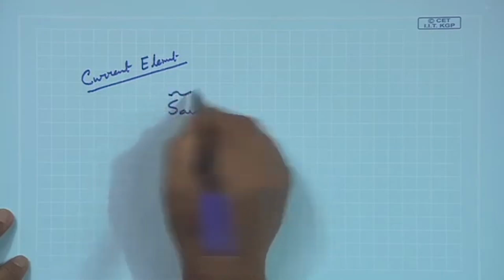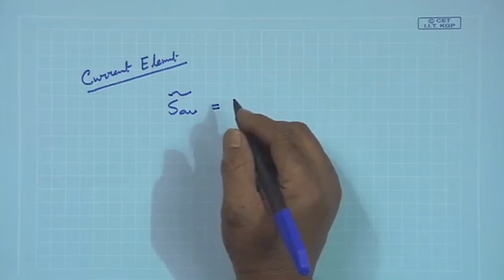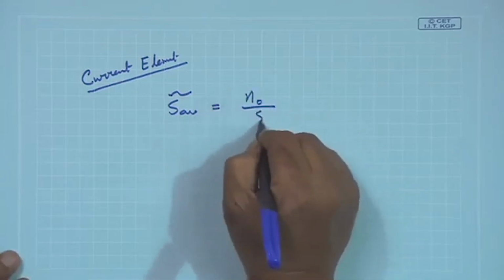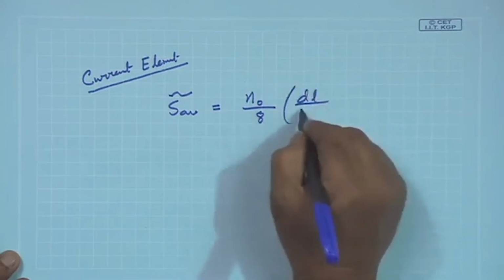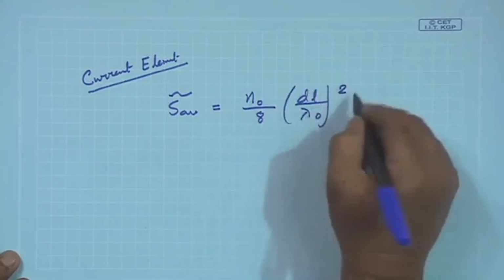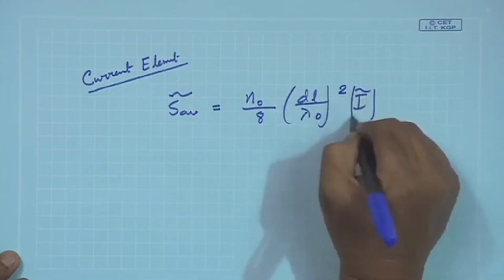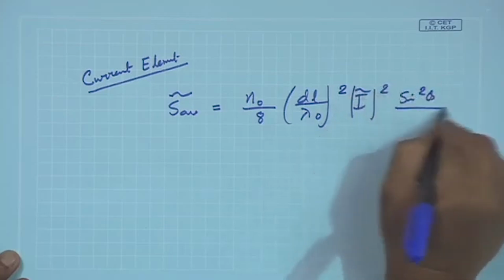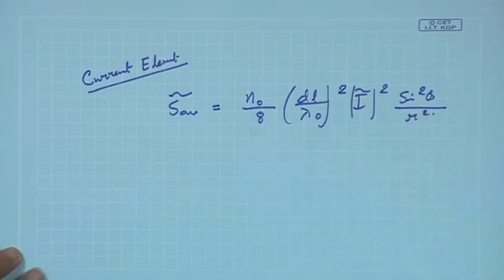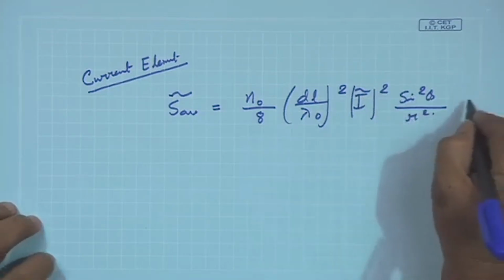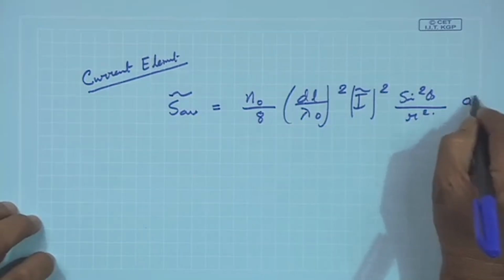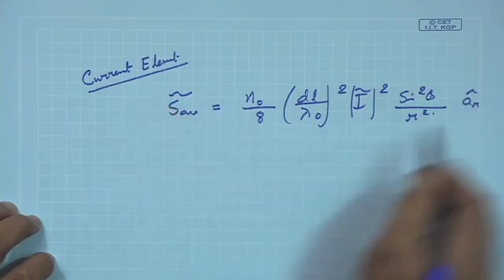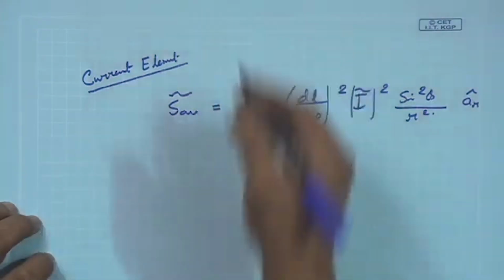If you see your notes, that our SAV was eta naught by 8 into dl by lambda naught square sin square theta by r square. Then it was actually a_r directed in actual expression. So, when I am taking magnitude, so I can put it there.